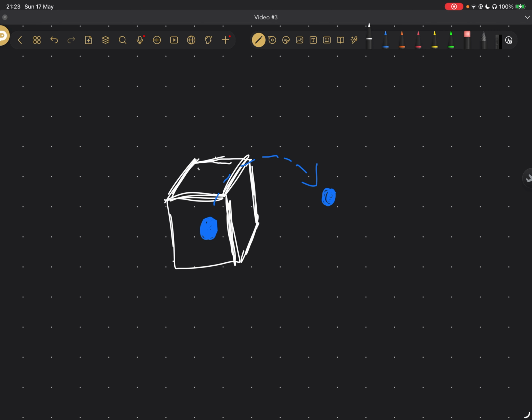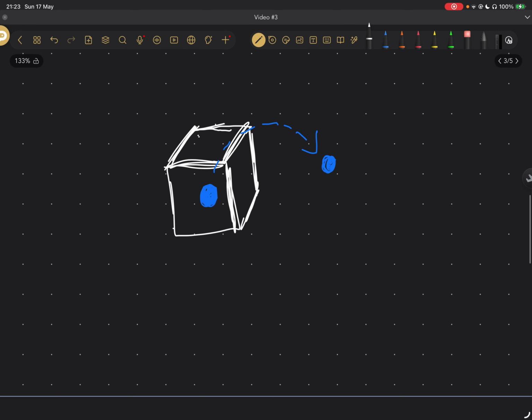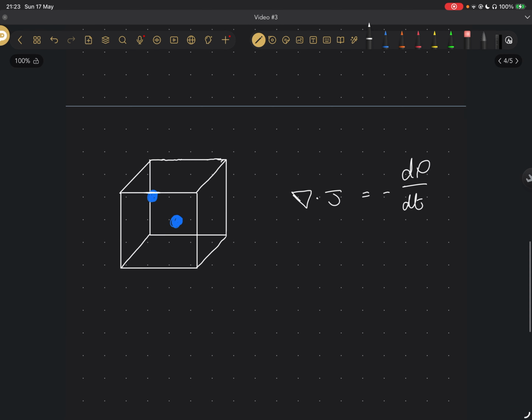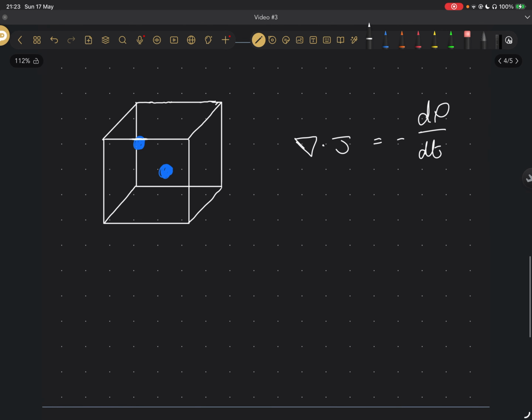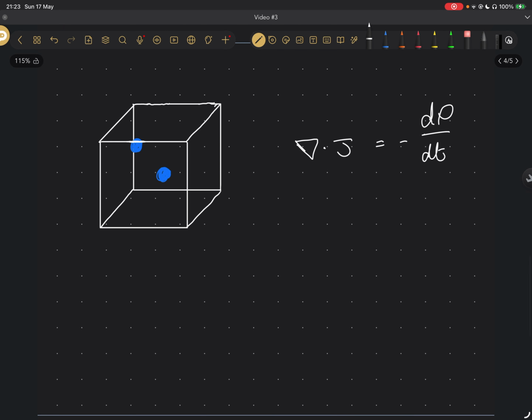Let's extend this idea. Suppose now we place two electrons inside the cube instead of just one. If one electron leaves the volume, the charge decreases at the same rate as before.